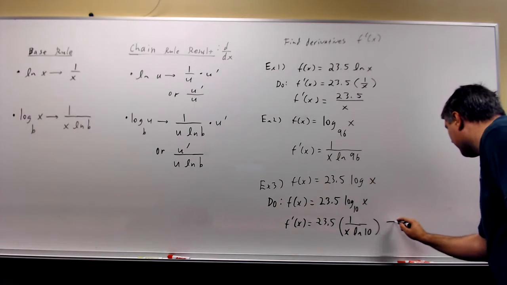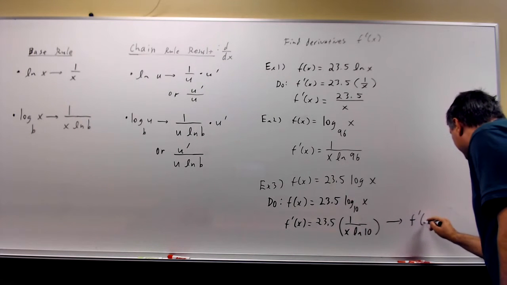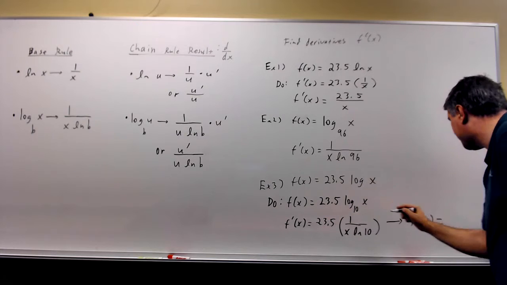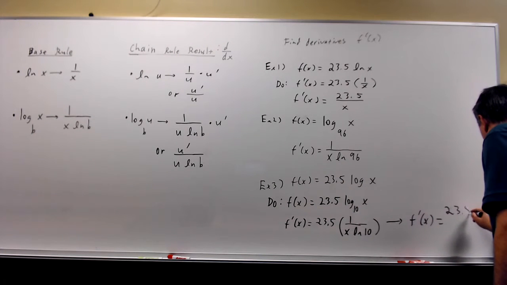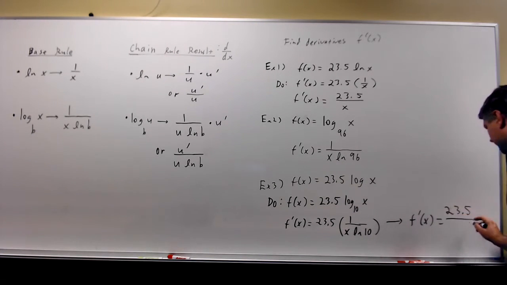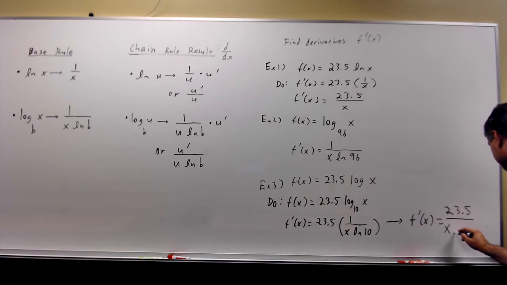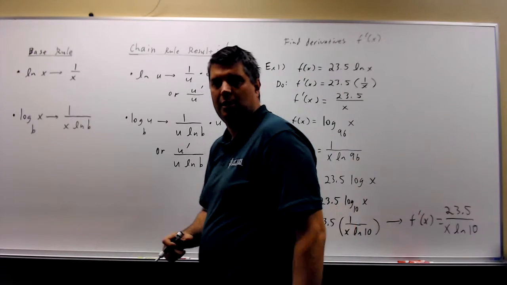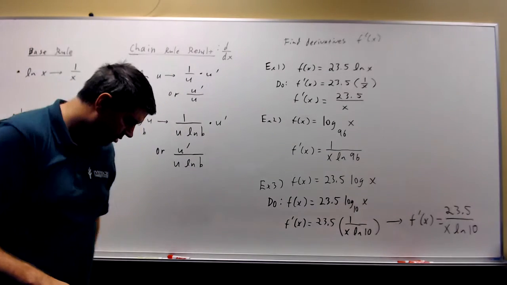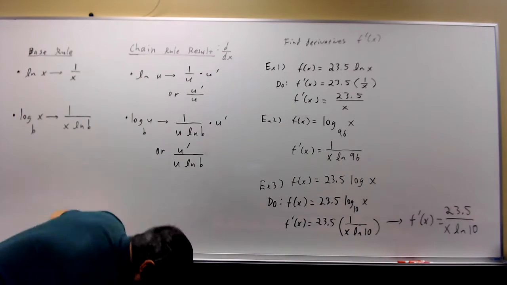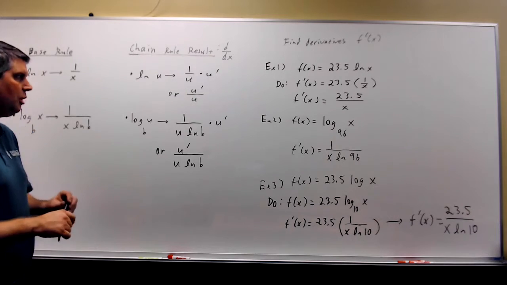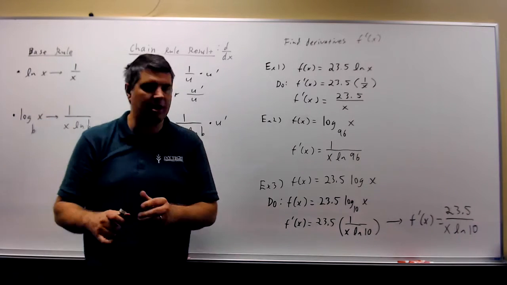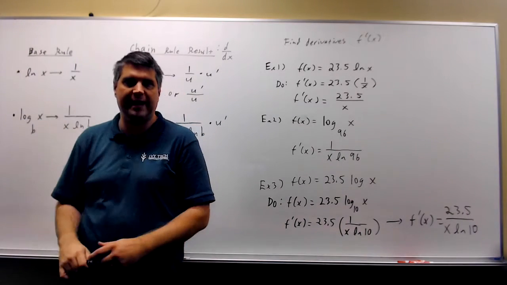Simplified, f prime of x is 23.5 over x natural log of 10. So those are all based on these two principles right here.